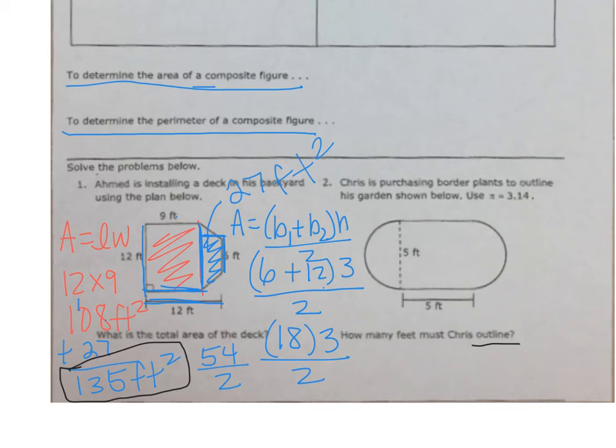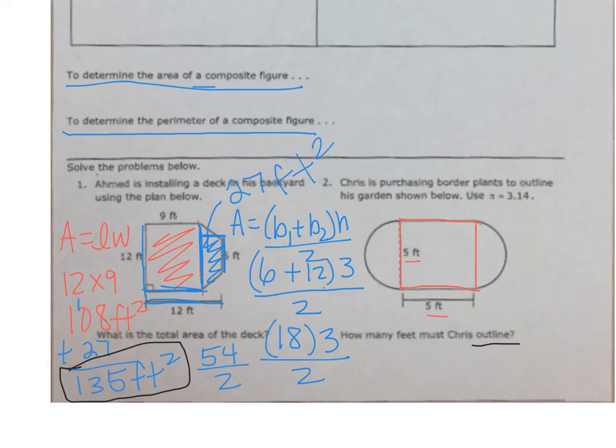So on this particular figure here, we have these dimensions. We have, it looks like, obviously a circle, but we also have this shape here. It's 5 by 5.